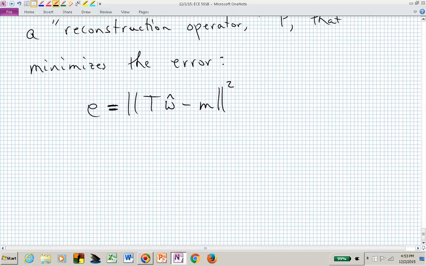Do you remember how we did minimization problems in calculus? You always were worried about the derivative and setting that equal to 0. Well, you can actually now differentiate this with respect to the estimator, or the vector that we are estimating, which is W hat.